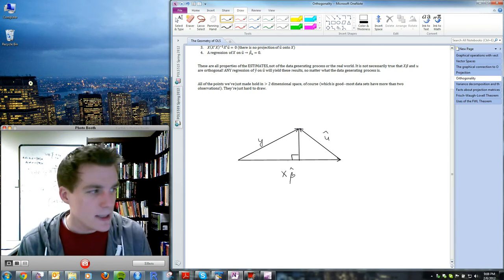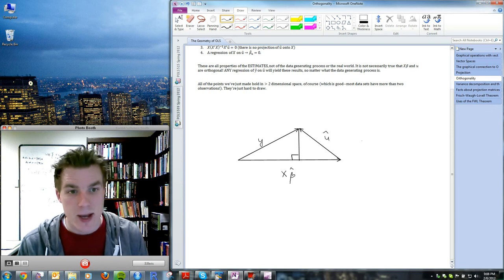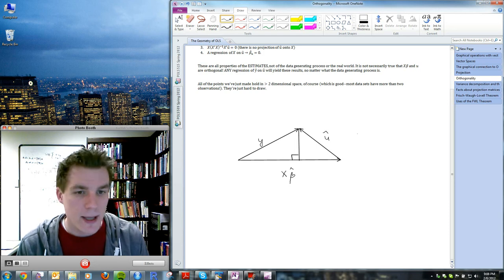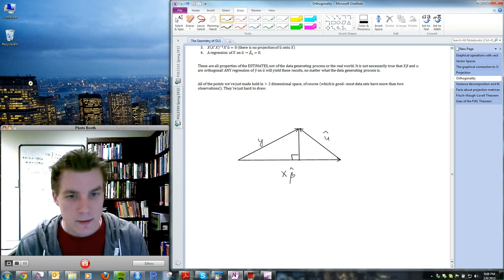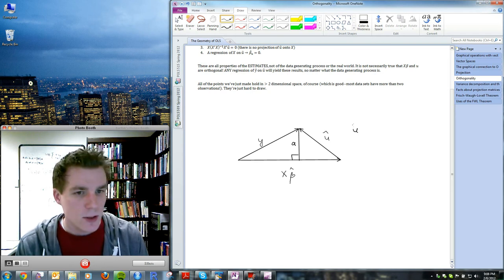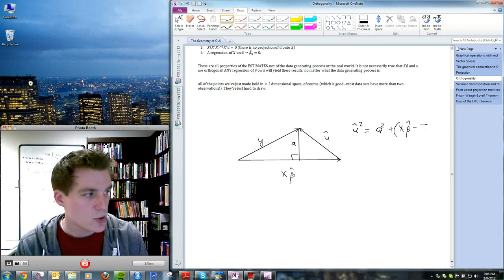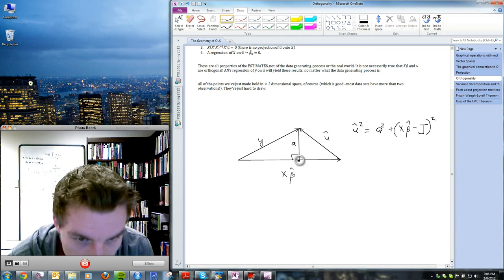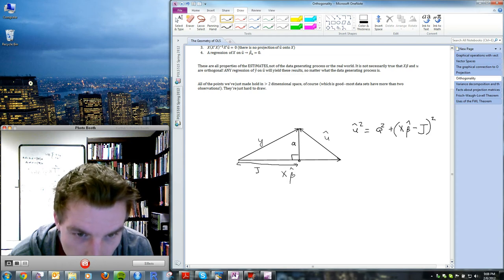Okay, so what is the length of u hat? Well, by the Pythagorean theorem, if this height here, that perpendicular, has length a, we know that u hat squared equals a squared plus x beta hat minus j squared, where j is that length right there, from there to there.